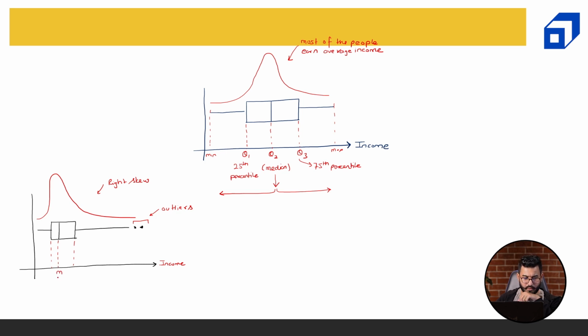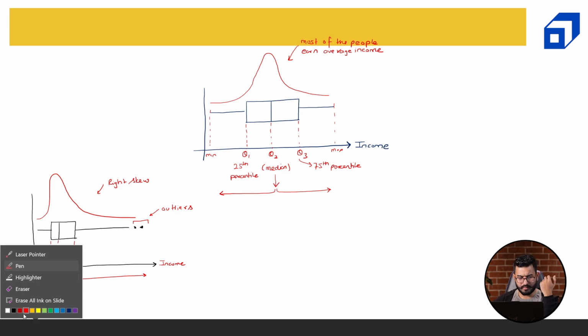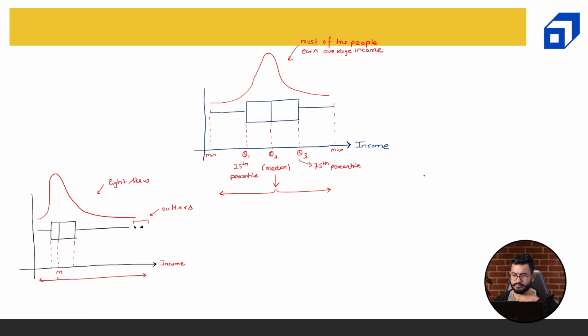This is my median. So below this point I have 50% customers, and above this point I have 50% customers, but this box represents that most of the customers are on the lower side, where the box has been shifted towards the lower side of my x-axis. And similarly, I can have a box which is left skewed.